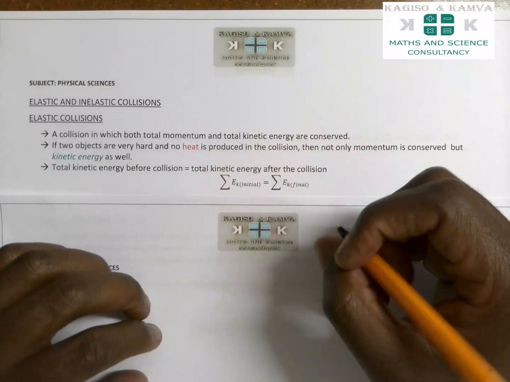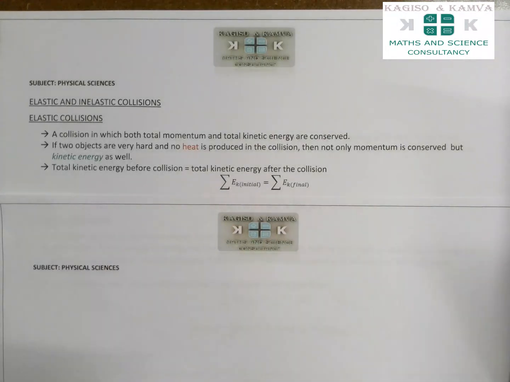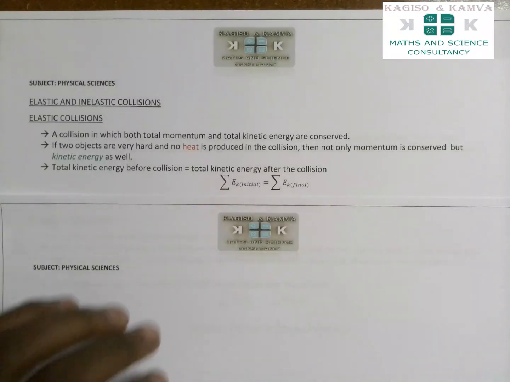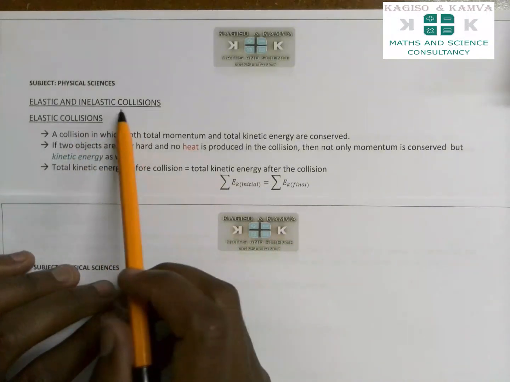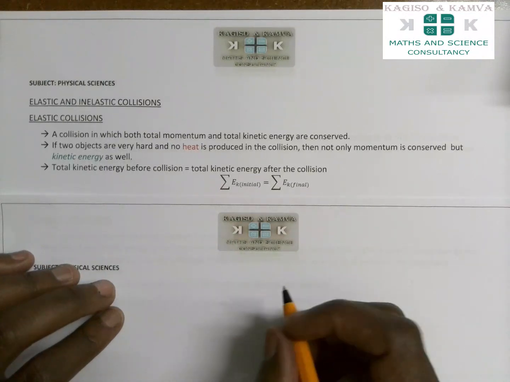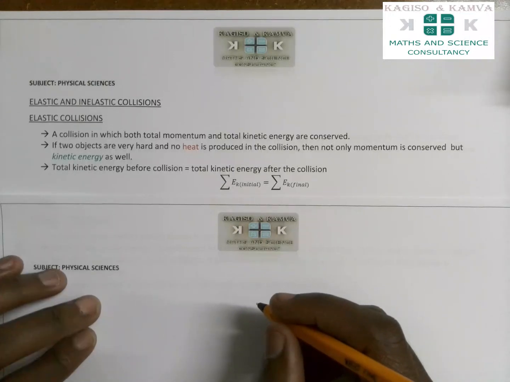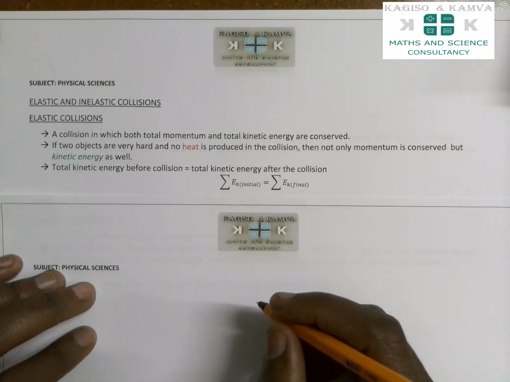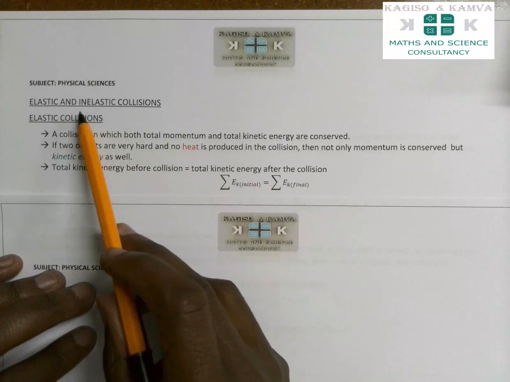We have a situation where two objects collide and separate, and we've got a situation where two objects collide and they join together and move as a unit. Now under elastic and inelastic collisions, we're going to have a situation where the total kinetic energy is conserved and the total kinetic energy is not conserved. Okay, so we're going to classify those types of collisions under elastic and inelastic.